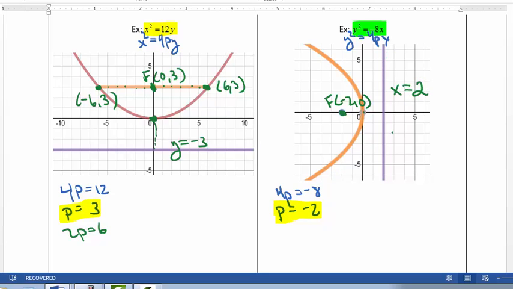So there's my directrix, the line x equals 2, right? And it's easy to get that even without memorization. Just realize, all right, I moved 2 to the left to get my focus. So then to get my directrix, I moved 2 to the right, and then just draw a vertical line through that point. Okay?